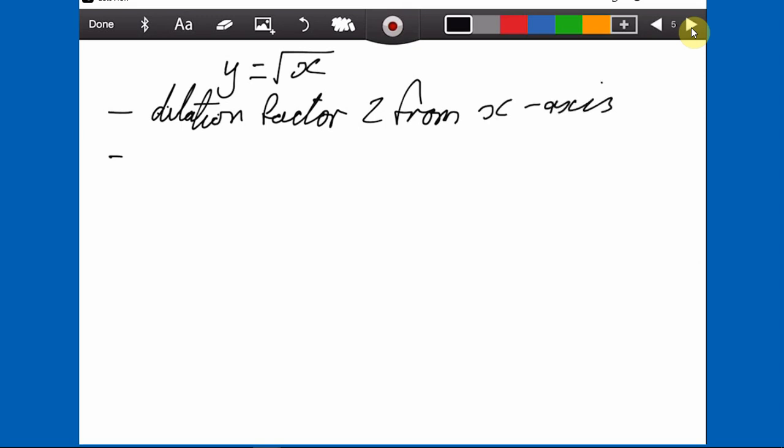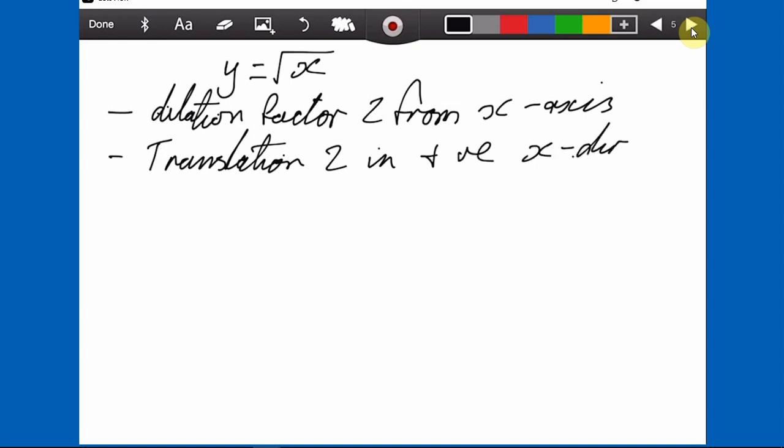The second thing is a translation of 2 units in the positive x. And the third one is a translation again, 3 units in the negative y.